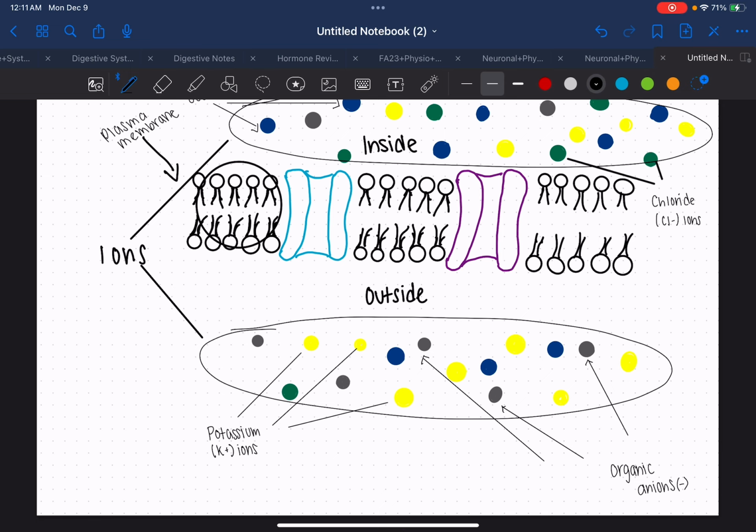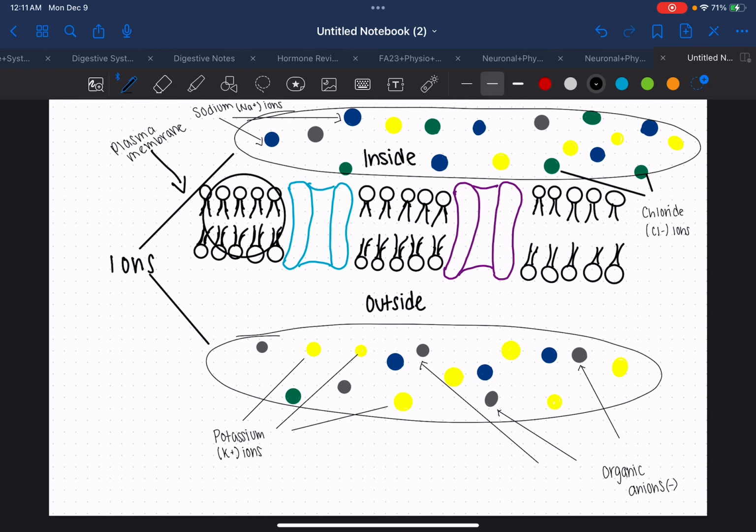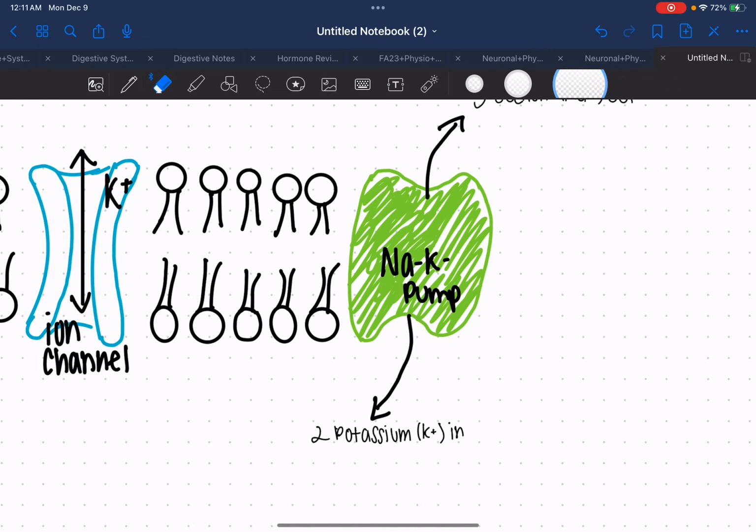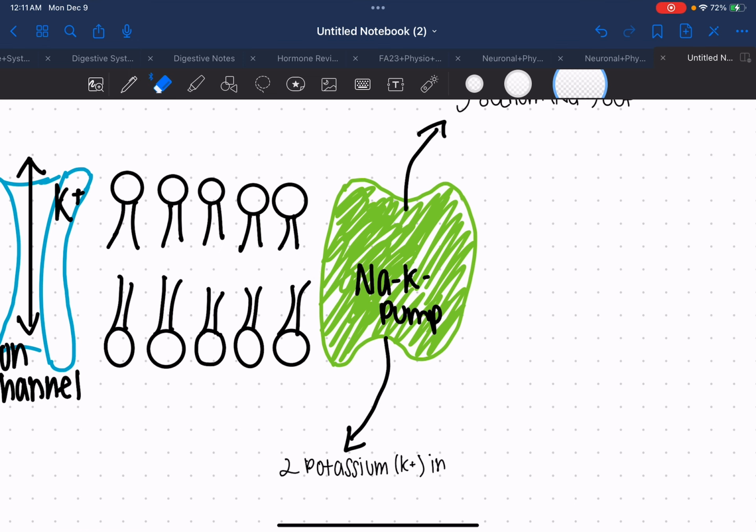So at rest, the inside of the neuron is more negatively charged than the outside, causing the resting membrane potential of an average neuron to be around negative 70 millivolts. Over here, I have drawn a sodium-potassium pump. One way this potential is maintained is through a mechanism known as the sodium-potassium pump.